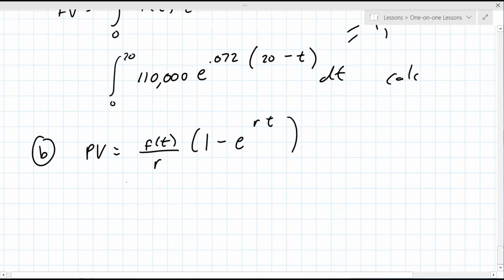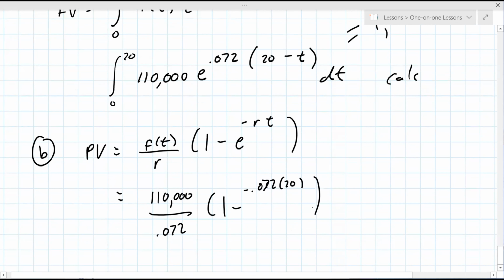So in your case, it's 110,000 over 0.072, times 1 minus e to the minus 0.072 times 20. There's no integral in that one. It's just what it is. Okay. I see. It is an integral. They're just shortcutting it.